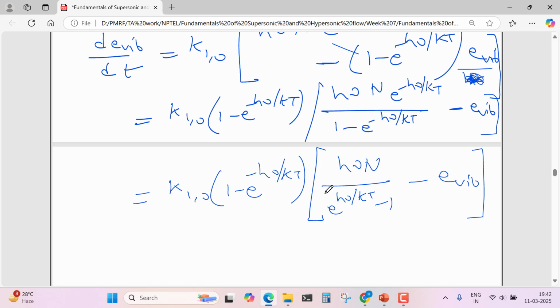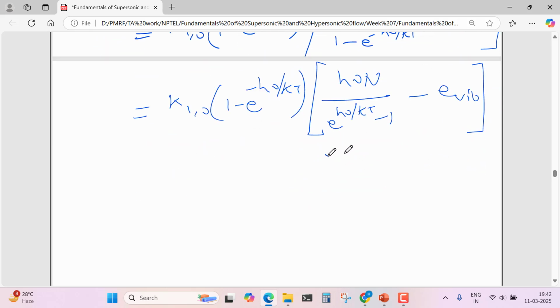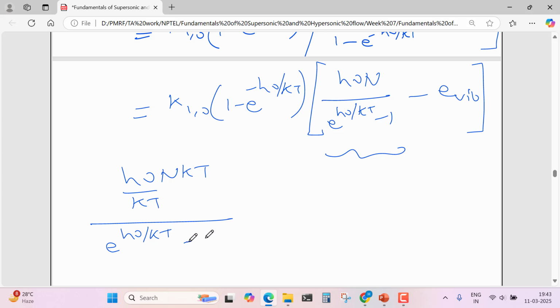Now if we see this term, we can divide and multiply it by kt. So this N kt will give RT.